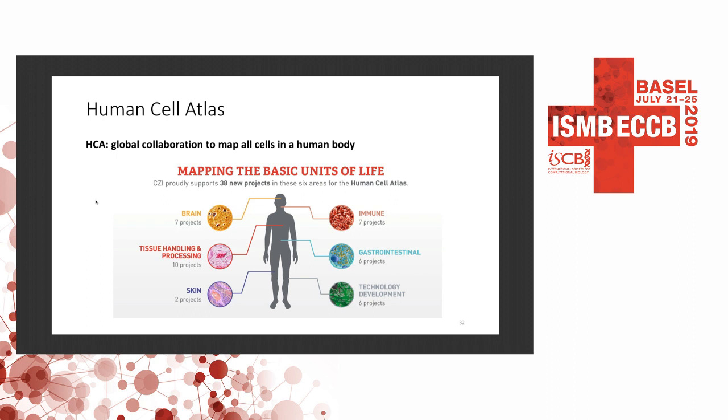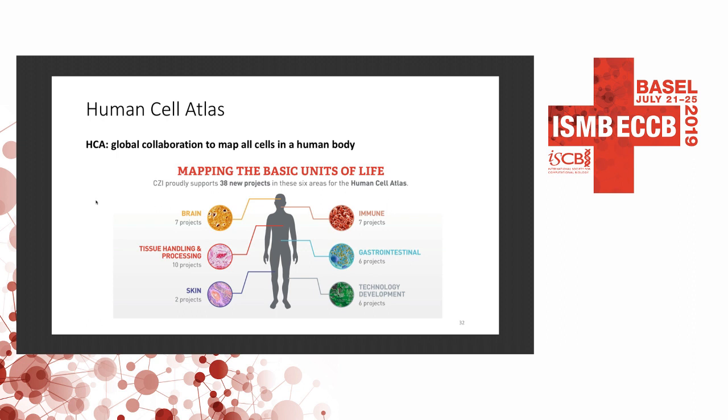So first, you may know this Human Cell Atlas project. It's a very influential project. It's a global effort, and the goal of the Human Cell Atlas is to create a reference map. They want to measure all major cell types and all tissues.